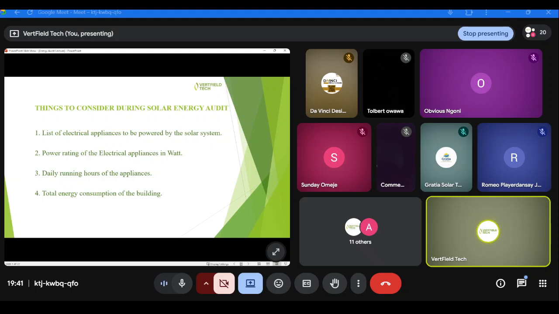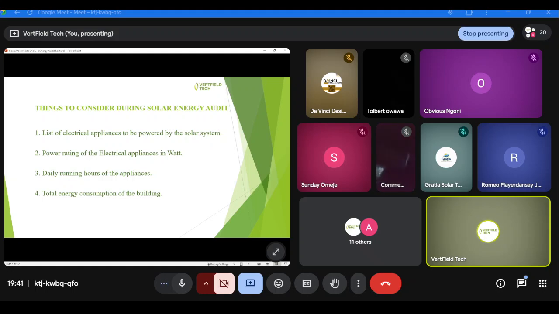You also need the power rating of the electrical appliances in watts. You need also to know the daily running hours of the appliances. And finally, you need the total energy consumption of the building.